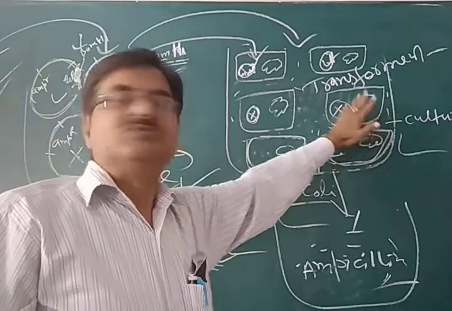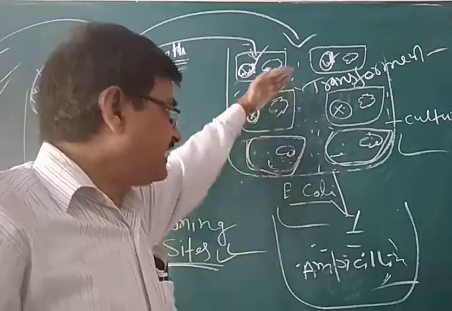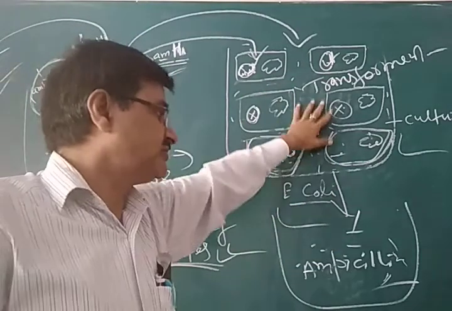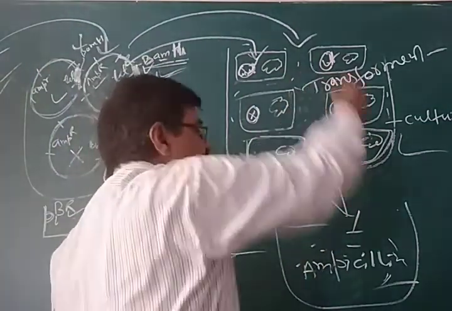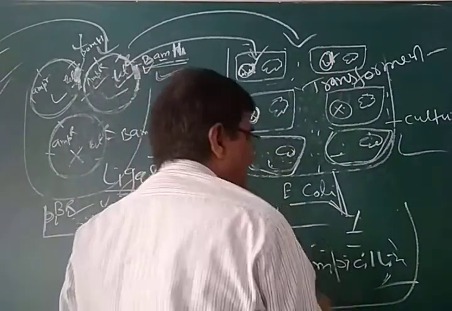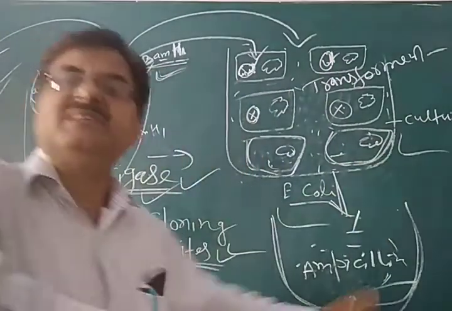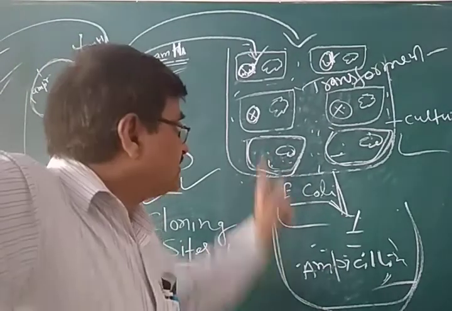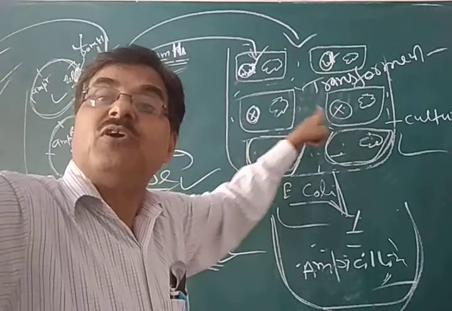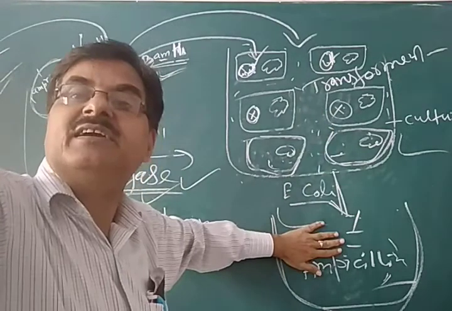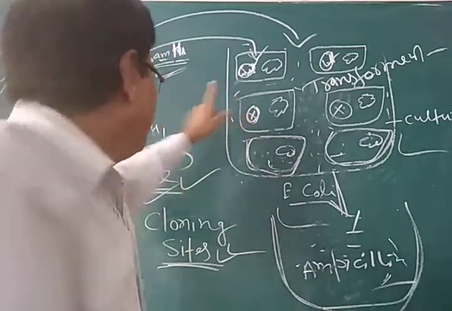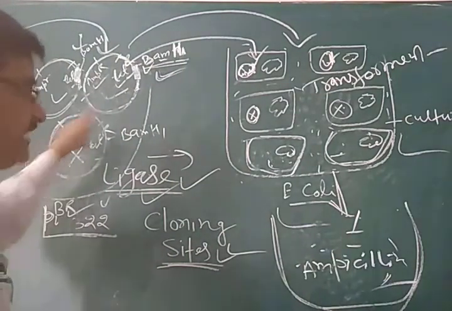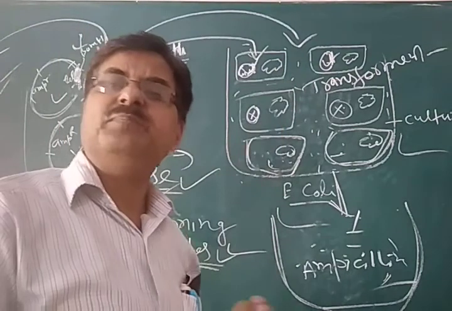This is how we select the transformant and non-transformant. The transformants will grow in the ampicillin containing medium because they have the ampicillin resistance.